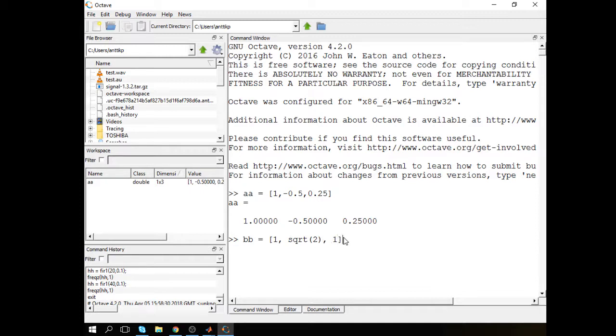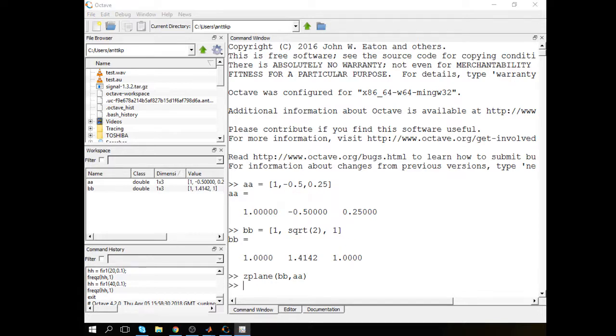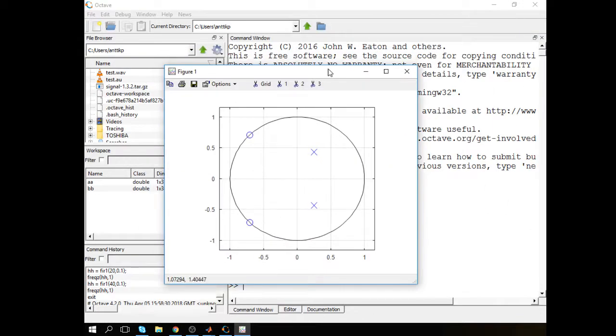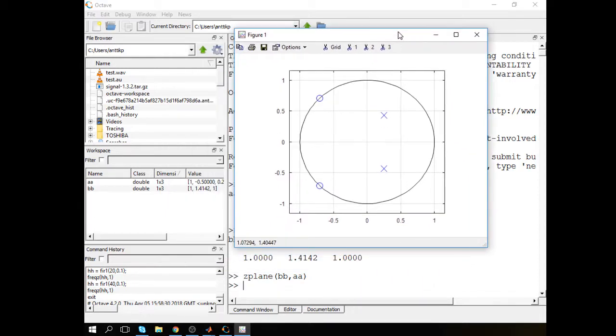There we go. So those are the same values now here. So the Z-plane of this system is something like this. Okay. As you see, it works quite the same.